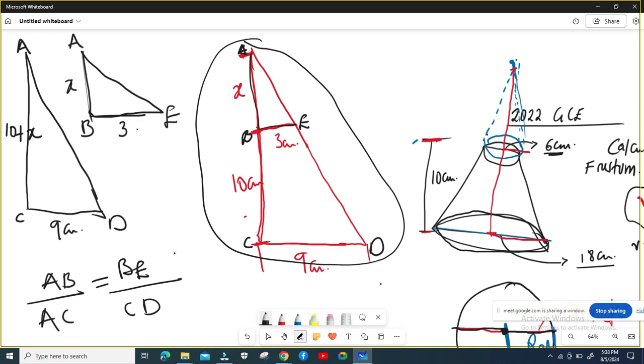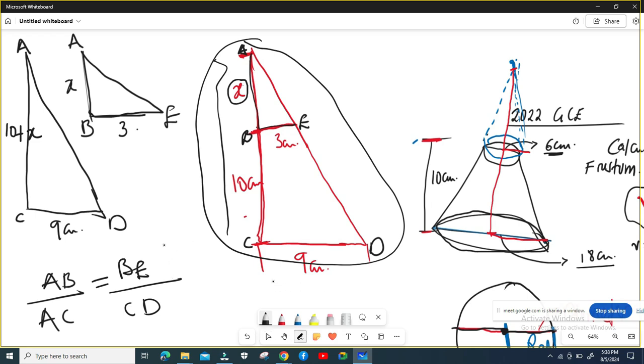Just in case the question is paraphrased to ask for the height of the big cone, we first need this small height so that we can add it to 10 to find the total height. Very important to appreciate. That's the reason why we are doing this.